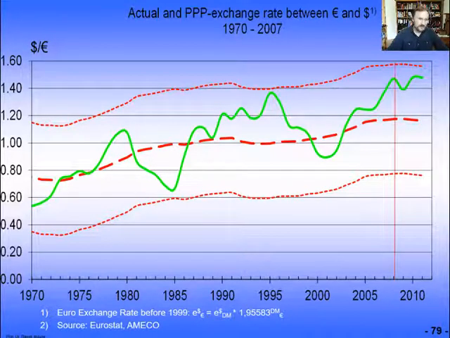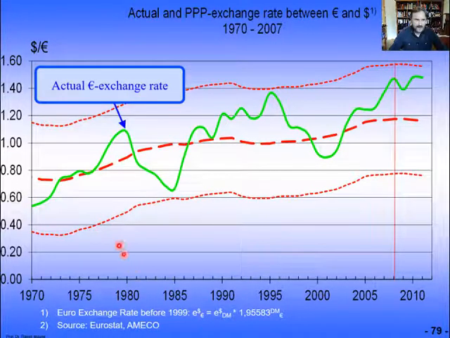Let's have a look at the purchasing power parity relationship from an empirical perspective. The green line represents the actual exchange rate of the euro against the dollar in terms of dollar per euro.